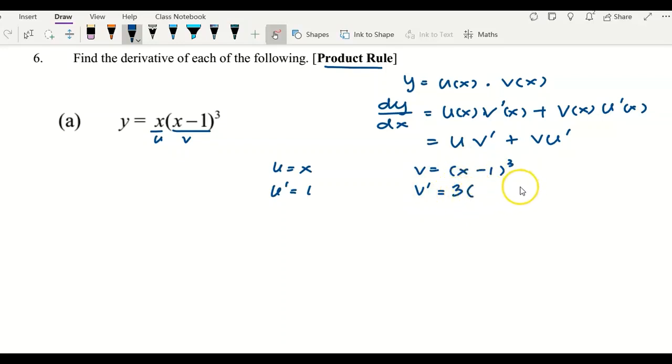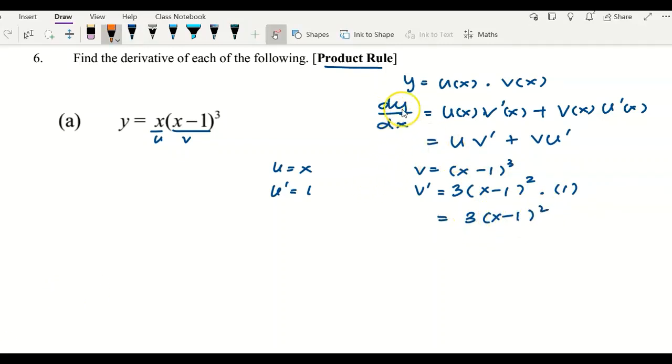I bring the 3 over so that it becomes the coefficient of the factor (x minus 1), and the power becomes 2, because 3 minus 1 is 2. Whatever is inside the bracket, you just copy it down, and after that you multiply by the derivative of the inner function, which gives 1. Then you simplify it, and you get this.